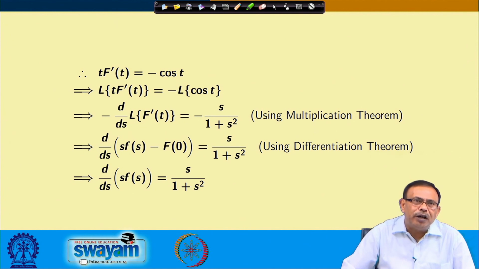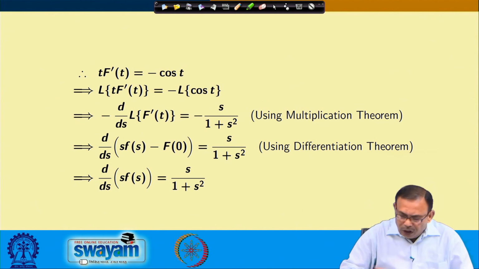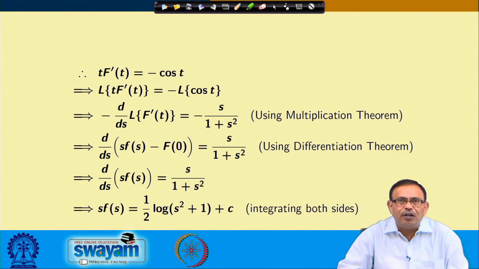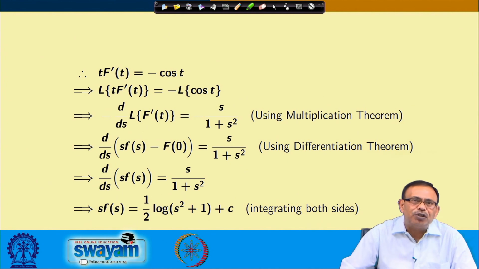So, ultimately I am getting d/ds of s F(s) equals s by 1 plus s square. If you evaluate the integral, integrating on both sides, you will obtain s F(s) equals half into log of s square plus 1 plus a constant term.